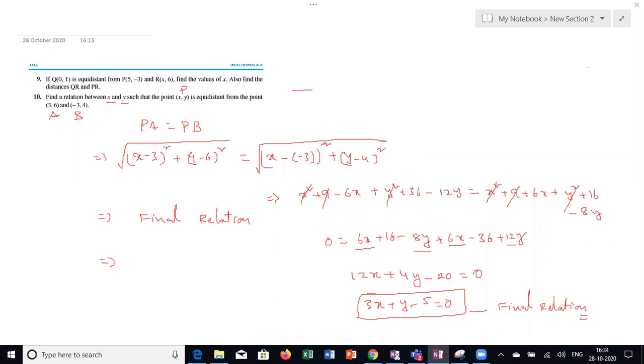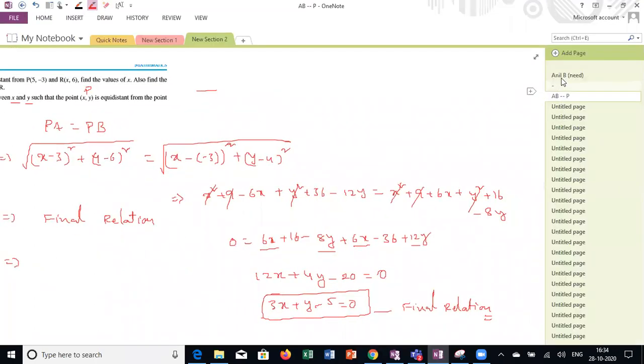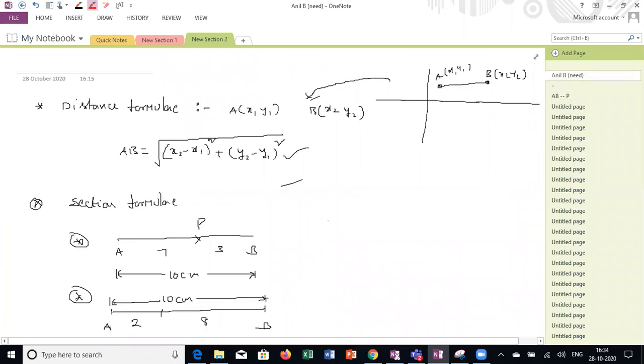Yeah, guys. Next part and the last topic of this is the section formula. Let's see what the meaning of section is. Suppose I have a line AB, and the total length of the line is 10 centimeters, and there is a point P on the line.